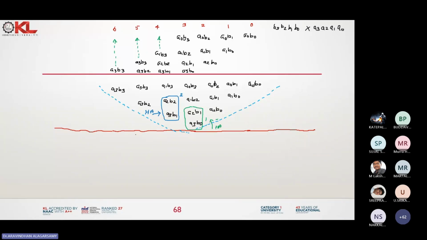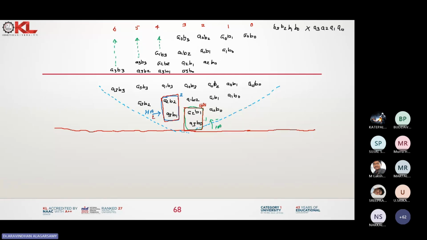Right. So we decided that this is my first adder block. We gave the number as half adder 1. This is the second adder block we have decided, so we can give the number as half adder 2. Okay, ma? Now, what will happen?